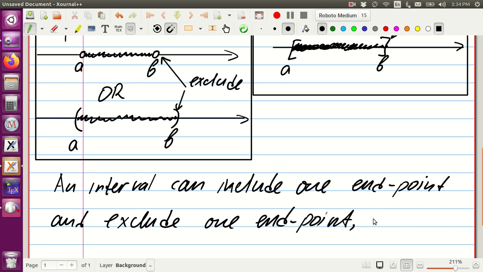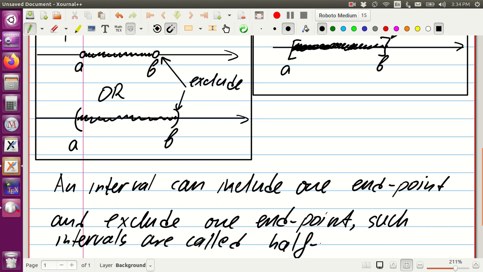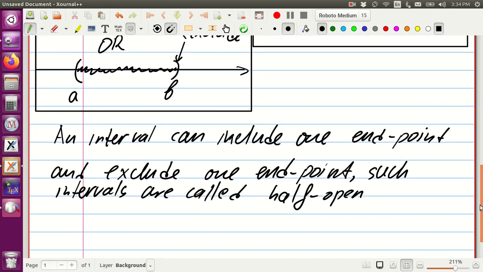Such intervals are called half open. But again, if one half is open, the other one is closed, so some people call it half closed.